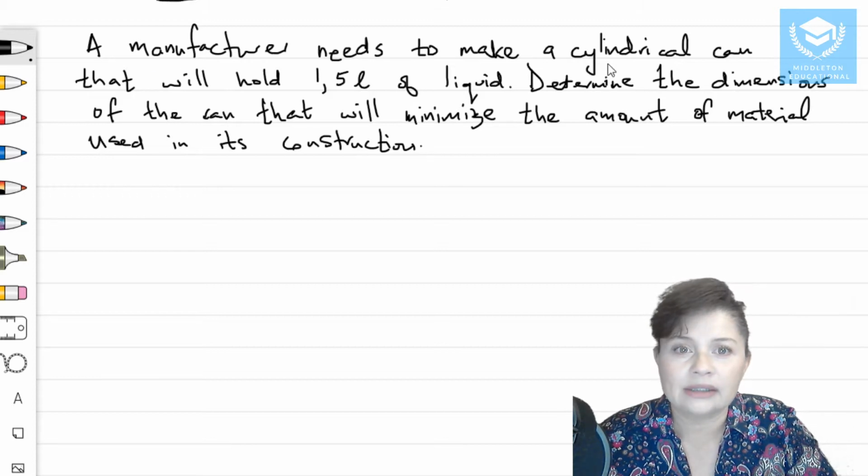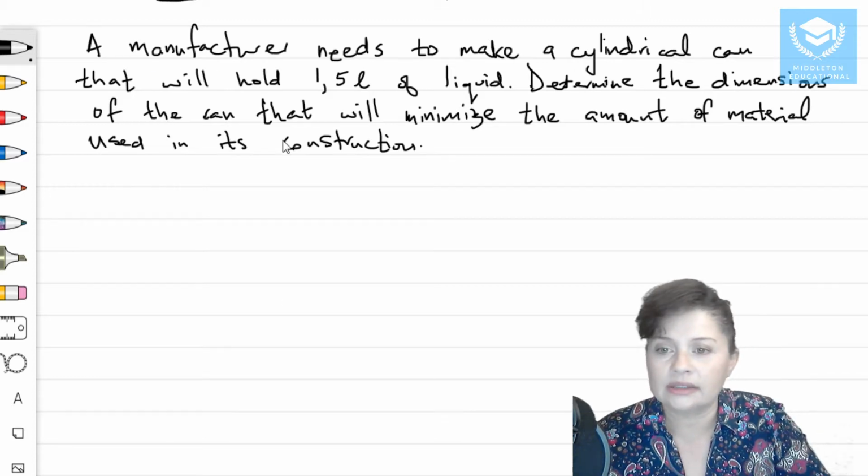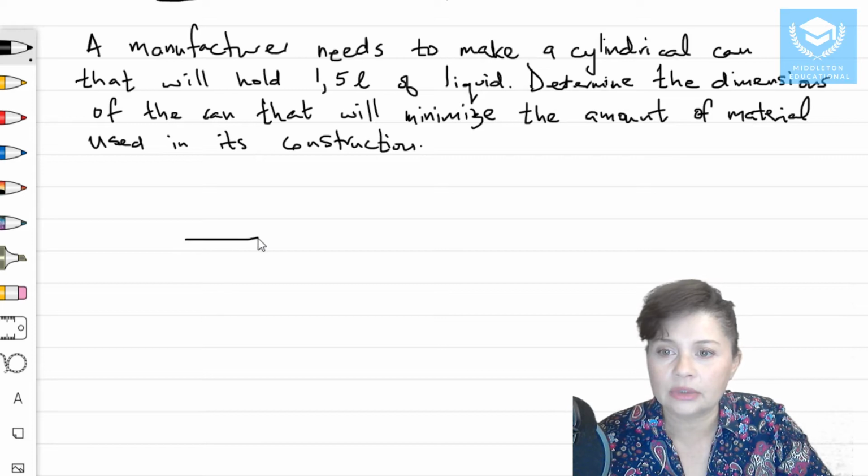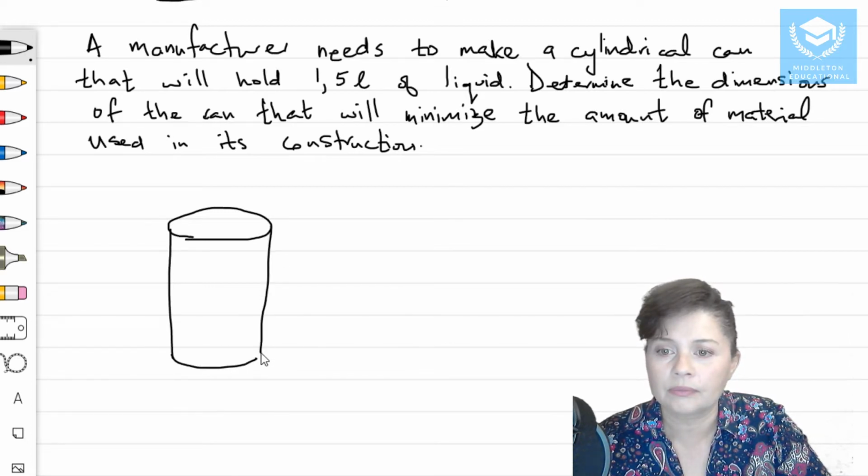The manufacturer needs to make a cylindrical can. So if we look at a cylindrical can, you're looking at something that looks like this. I'm going to assume, they don't say, that it's closed on the top and the bottom.